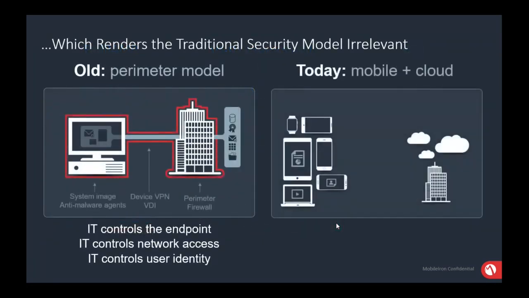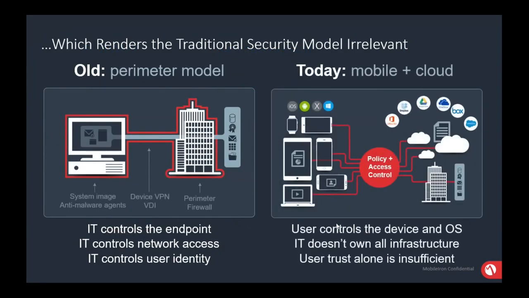Like I said in my previous slide, the traditional way of securing data was that IT had a perimeter firewall, a data center, and VPN. Whenever users wanted to access resources, they had to get into the VPN to reach internal resources.